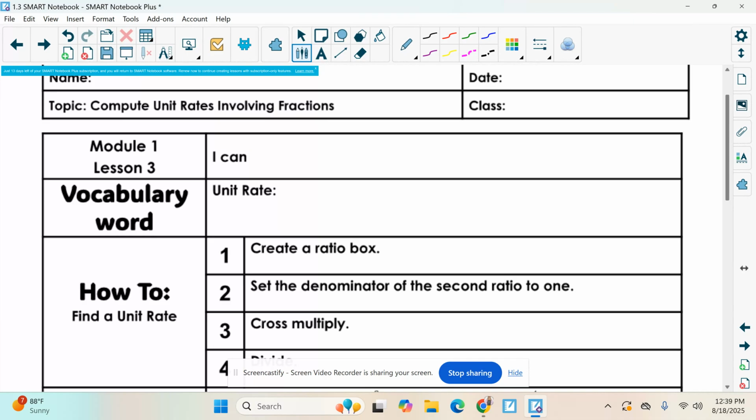So what Clark was saying is when you have a ratio, in a ratio, when the second number is 1. Okay? When you have a ratio and that second number is 1.